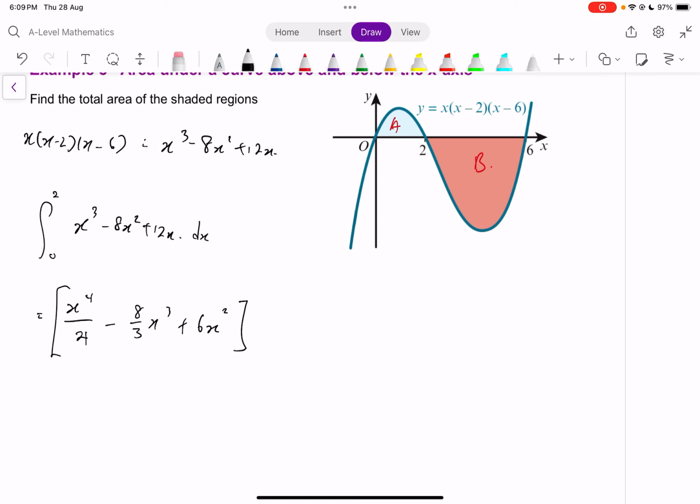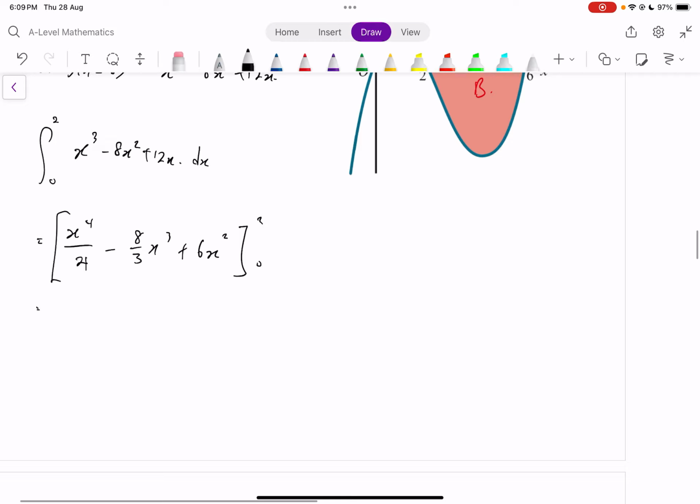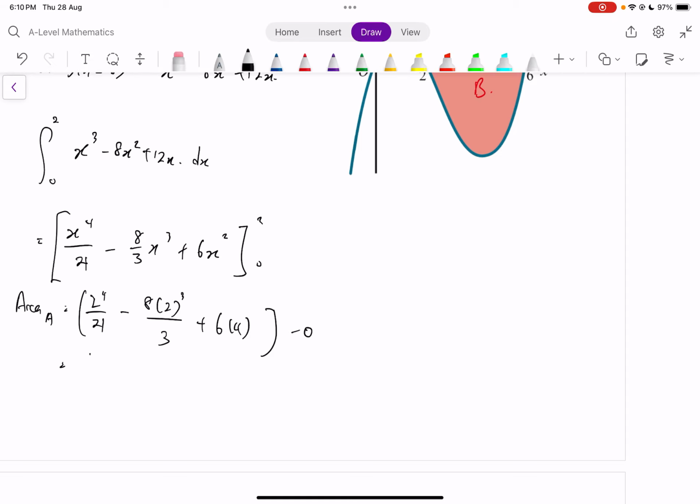Now all I need to do is substitute 2 and 0 into it, 我们就会得到 A 的 area，或者你要的话，你可以写成 area A，就是 clarify 啦。So in this case, that makes it as 2 power 4 over 4 minus 8 times 2 power of 3 over 3 plus 6 times 4, and then minus 0. That makes it as 20 over 3.